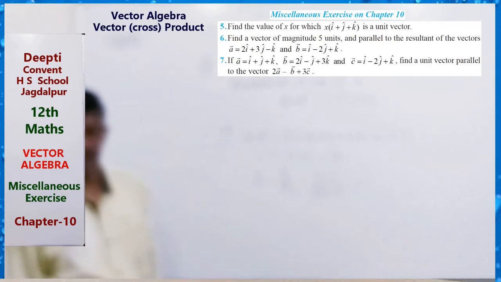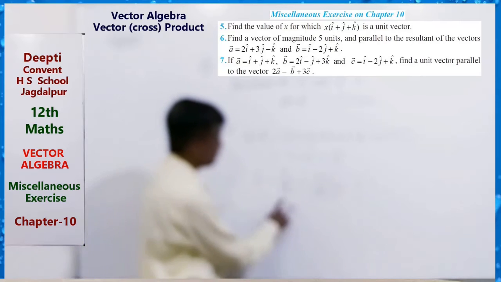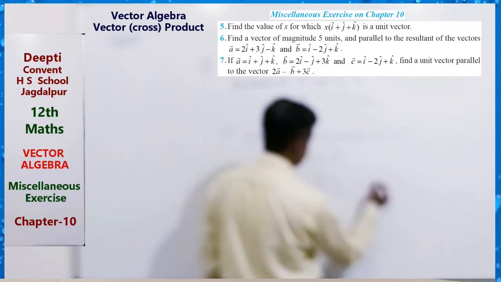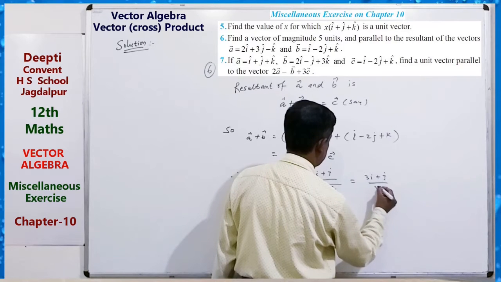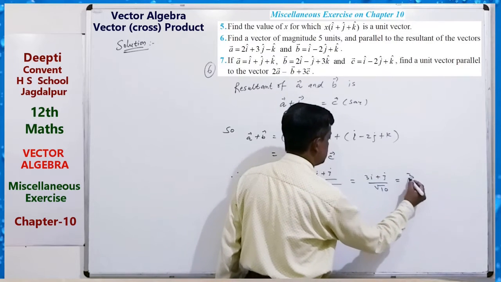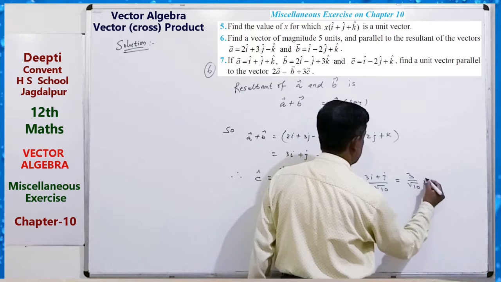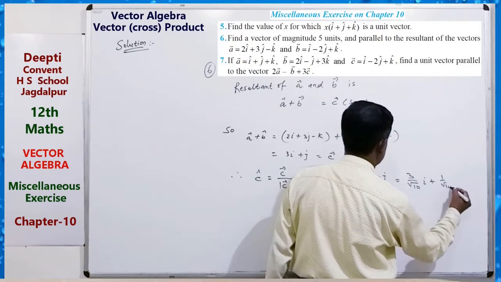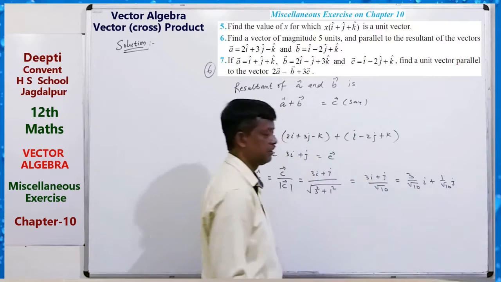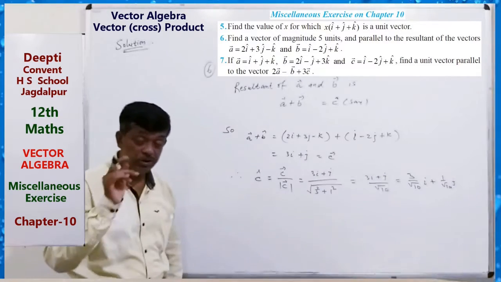So the modulus of C is root of 3 square plus 1, that is root 10. So 3i plus j upon root 10, that is 3 by root 10 i plus 1 by root 10 j. So this is the unit vector.